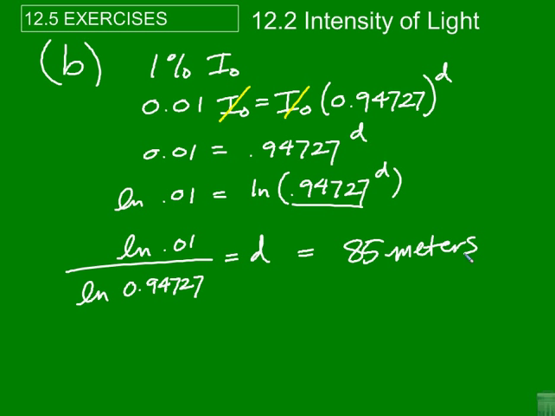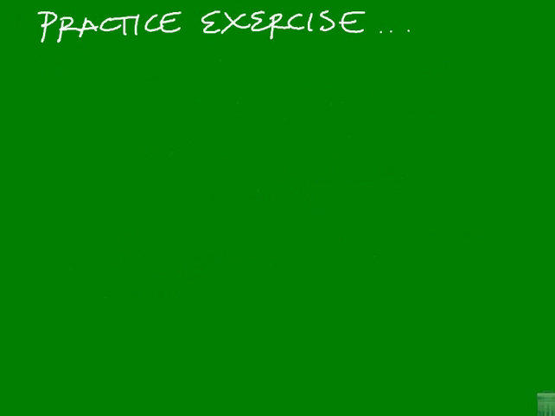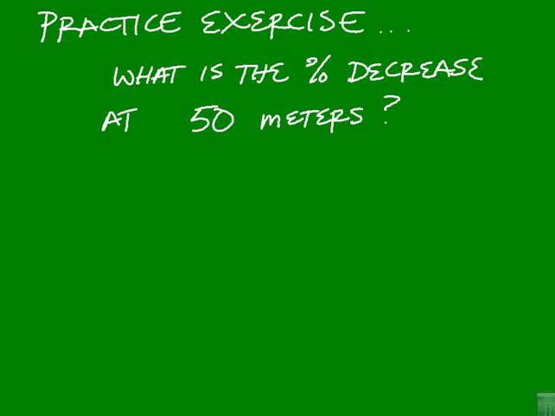Alright, pretty simple. Here we go. Practice exercise. We're going to try another one. What is the percentage decrease? So we're looking for how much is left, and then subtract that from 100%. What is the percent decrease at 50 meters of depth?